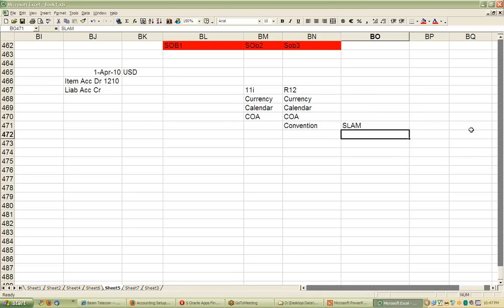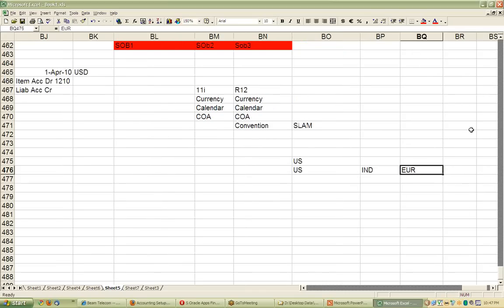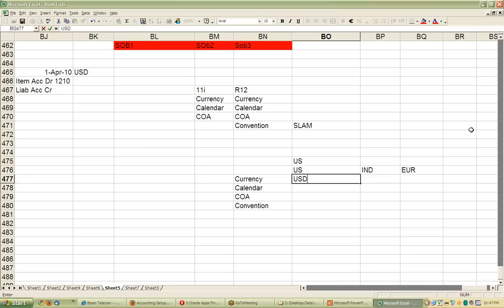So let's say you have a company in the US and you also have an operation in India. This US company has branches in the US, India and Europe. Now, in the US, it has USD as the currency.